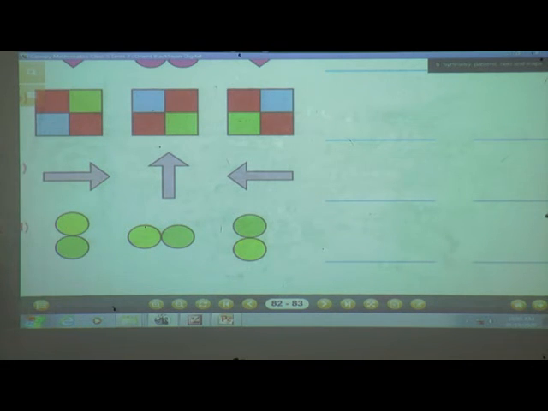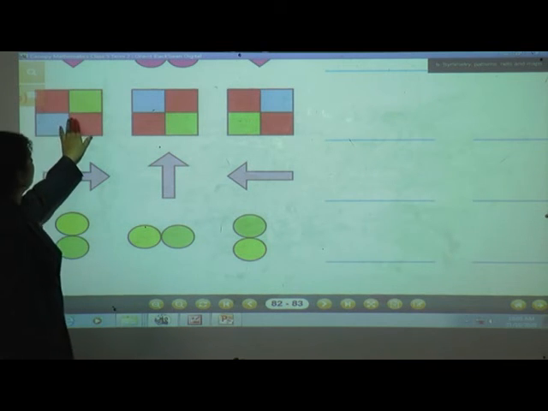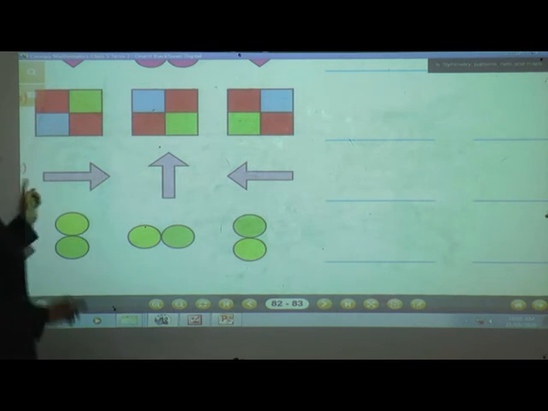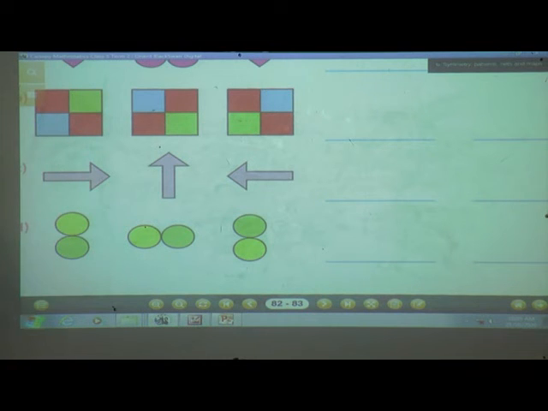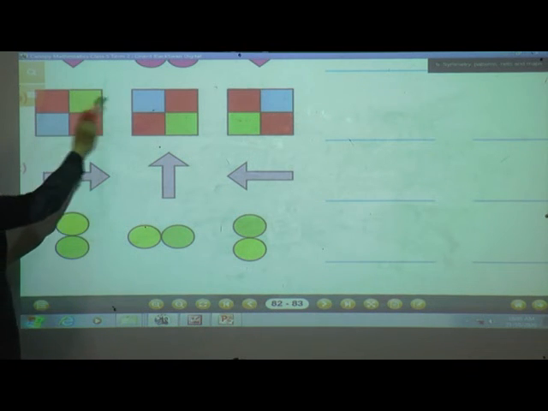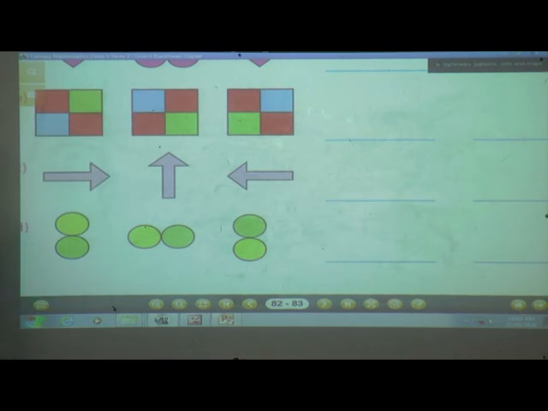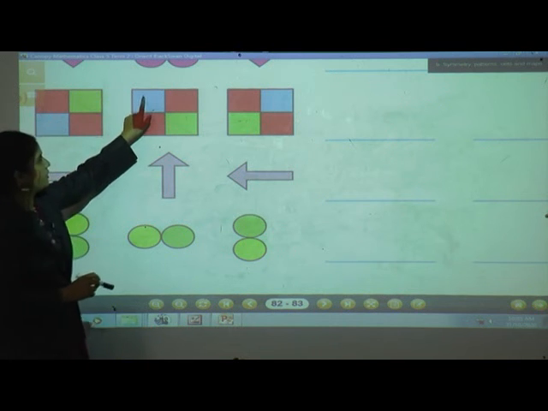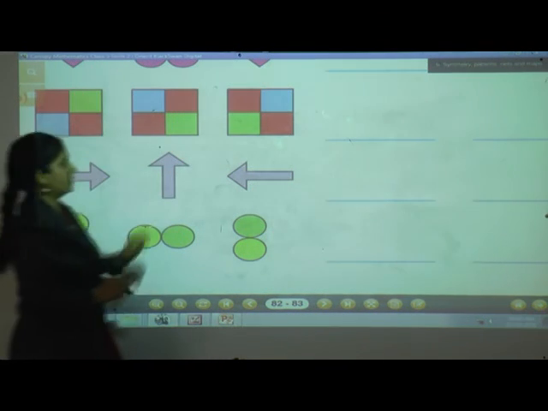So in the pattern, the red color will change. Here it will come, and the blue color will go here. So students, what will be the next pattern? See, here the blue color is again here. See the pattern of the blue color.